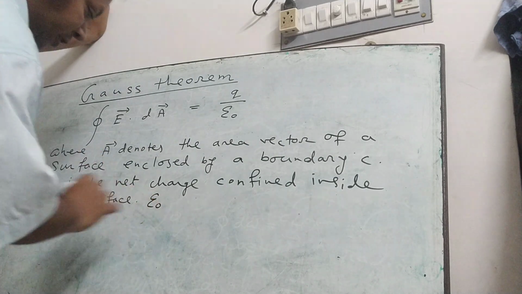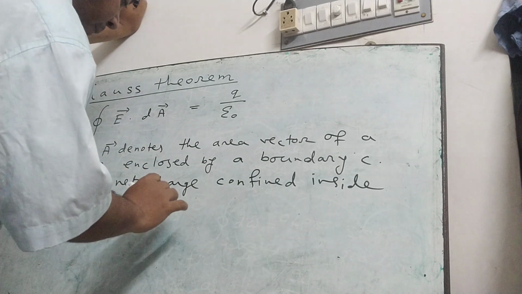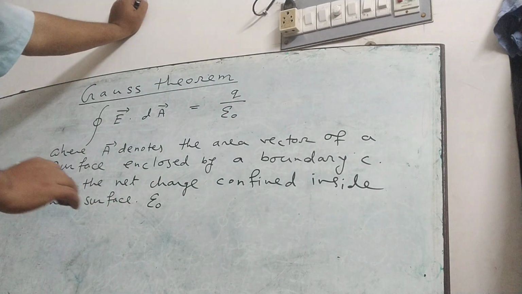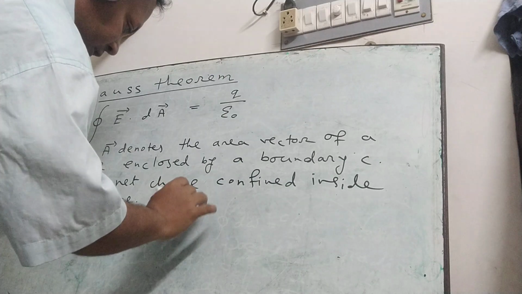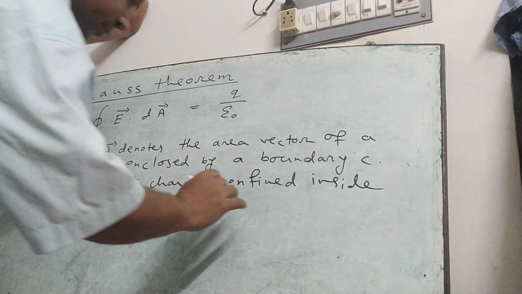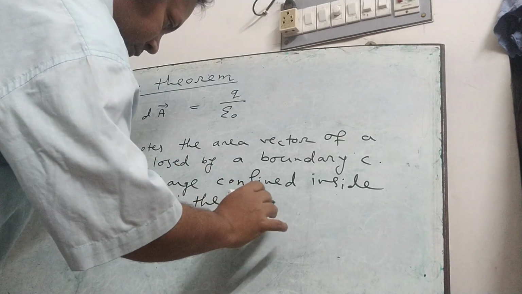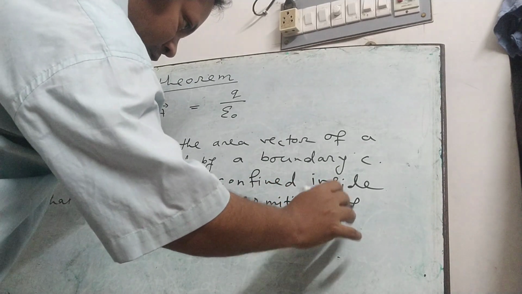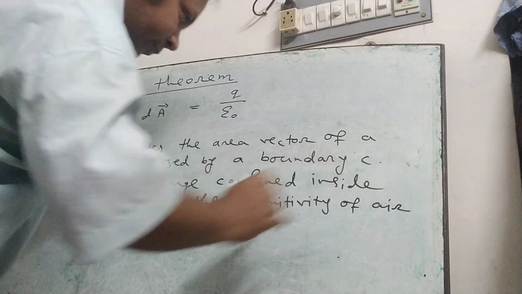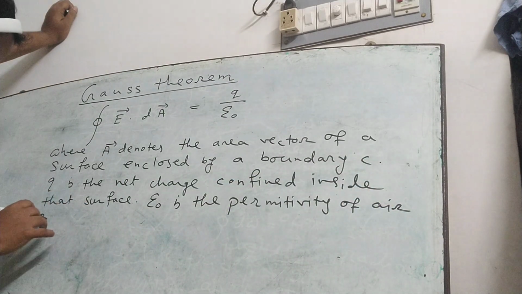We know epsilon 0 is the permittivity of air or vacuum.